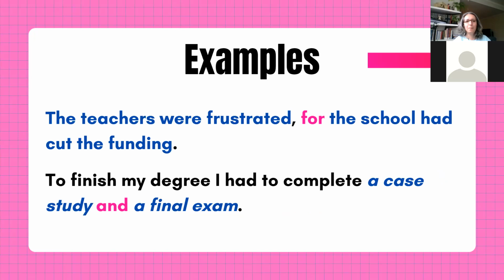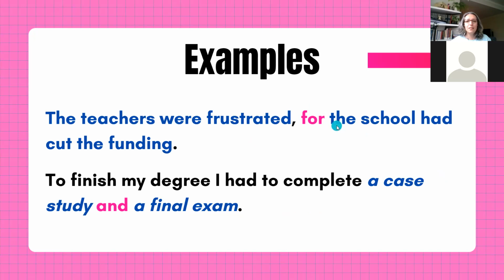Some examples, you recognize some of those. The teachers were frustrated, for the school had cut the funding. So in this case, there are two different sentences, and you'll see that I've sort of colored them differently. So here we have a sentence. The teachers were frustrated. That's a sentence.